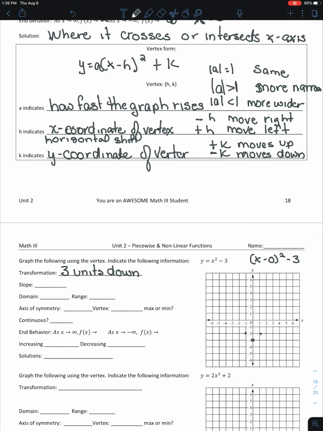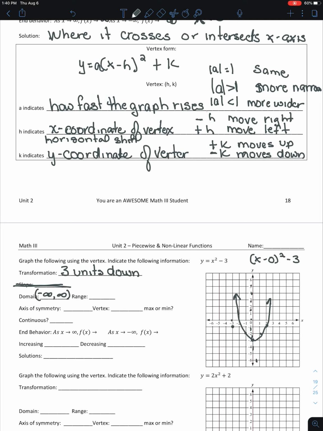So we're going to start at negative 3, something like that, and then we graph. It's symmetrical about the y-axis. The slope, there is no slope. I don't know why I have that there. Oh, because I copied and pasted, so you can just ignore that.